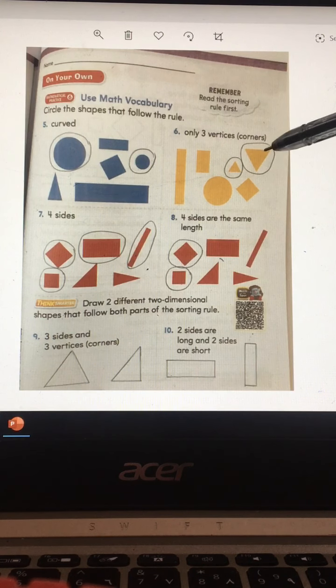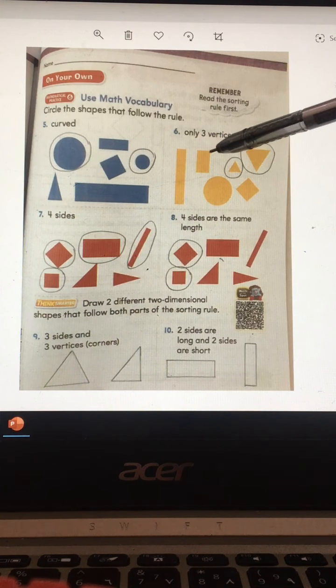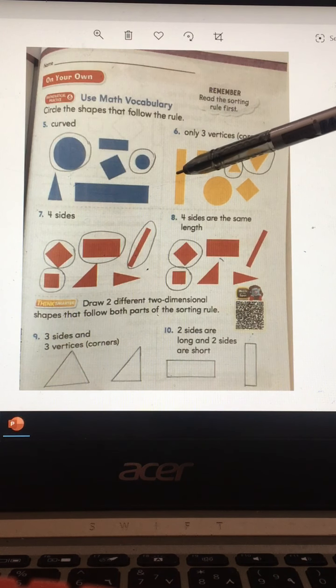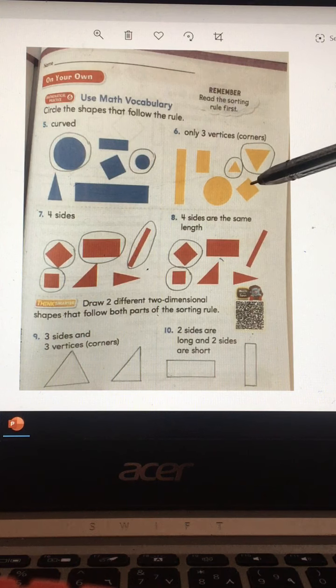Now if we have a look at the square and these 2 rectangles, the 3 of them have 4 corners, as we counted before. The circle has no corners.